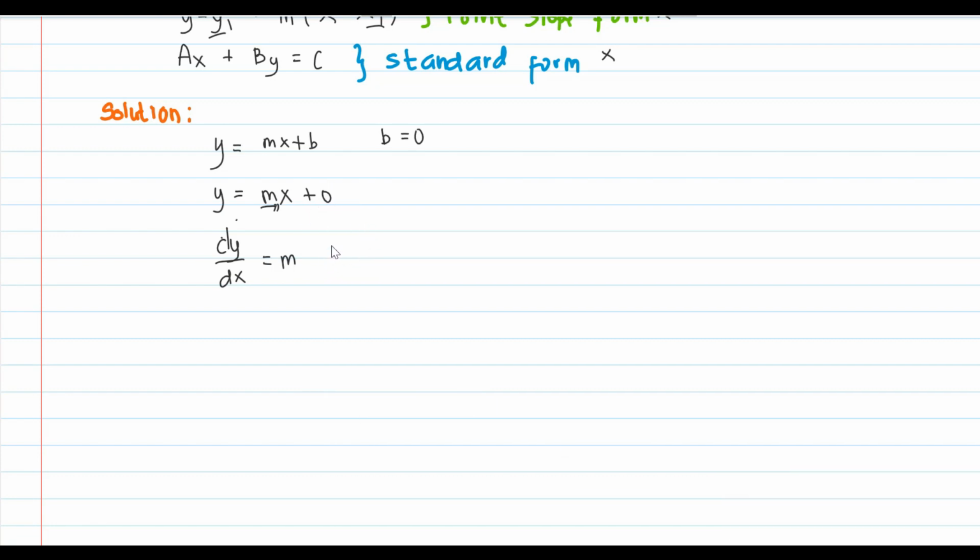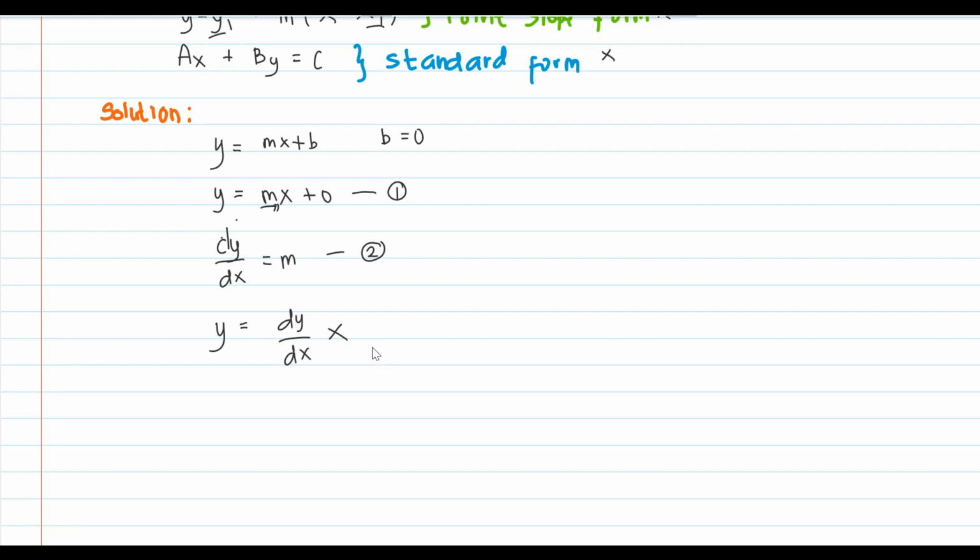So mark this as equation 2, and mark our working equation as equation 1. Let's substitute m into our working equation: y equals dy over dx multiplied by x.